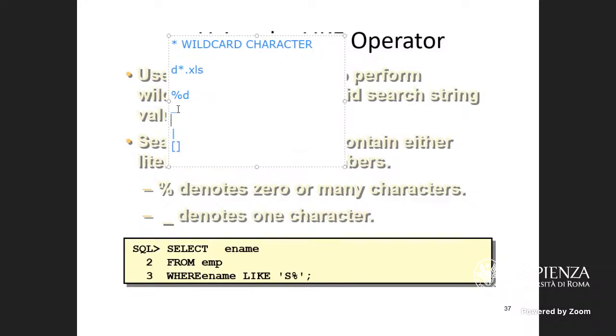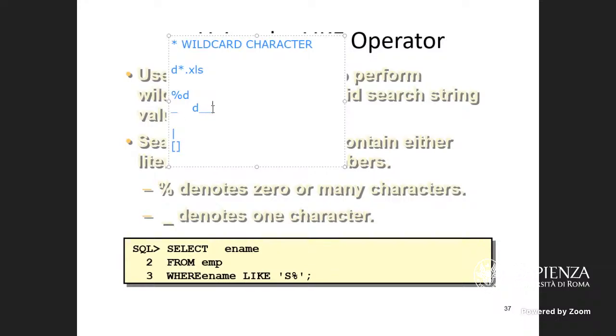But if we have this underscore here, it means that if I wanted to write something like dad, or I'm looking for the word dad, I know it starts with a D, you understand? And then I probably know there's only one character after it. It's not plenty, it's just one. I can put this there. And then I also know that there is only one character after this, so I can put this here.